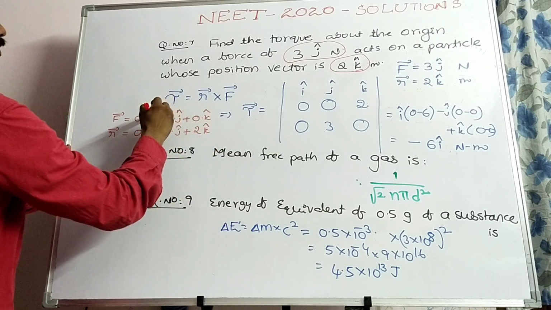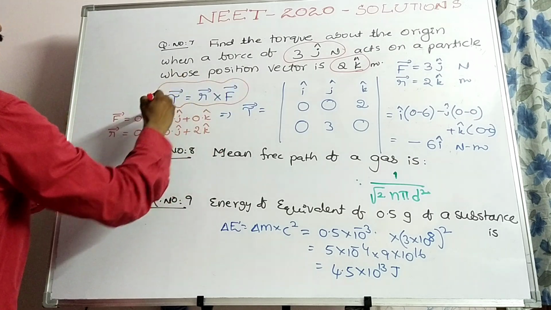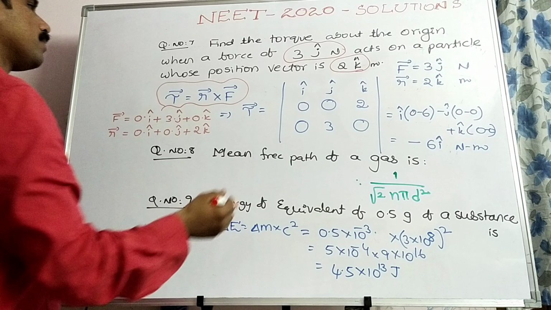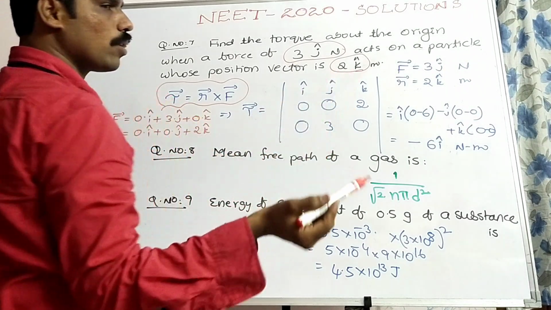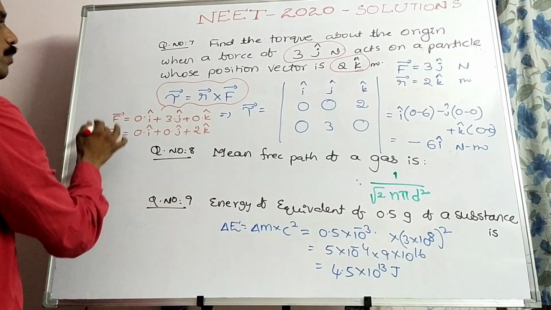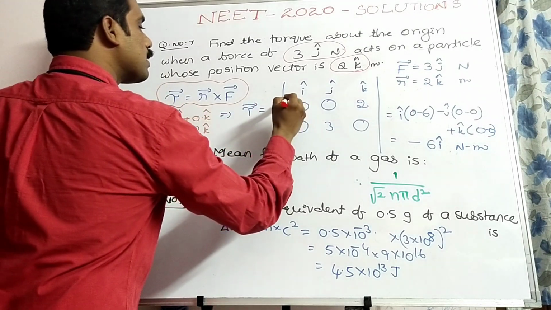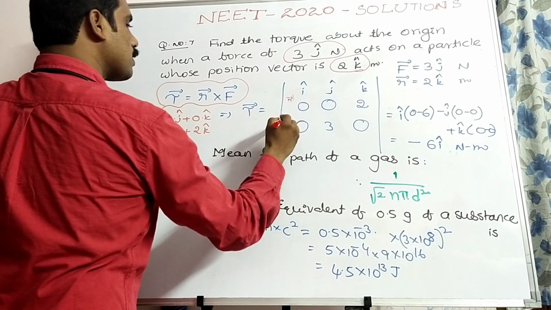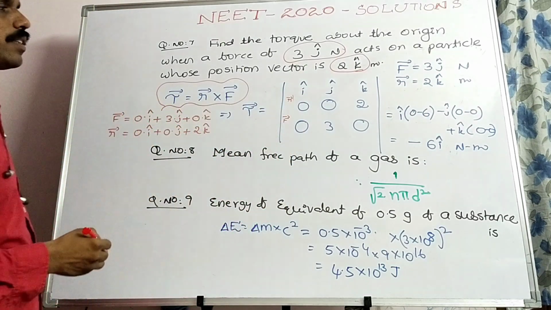Now the expression for torque tau is equal to R bar cross F bar. We have to take the determinant method. I, J, K are the Cartesian coordinates. Here we have to write the components of R bar and F bar. This is the row belonging to R bar, and this is the row belonging to F bar.